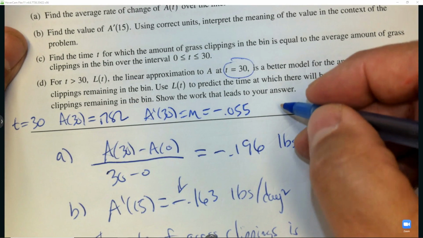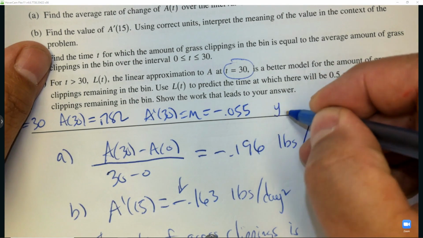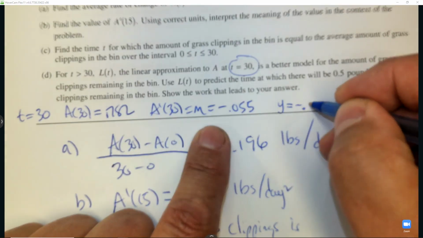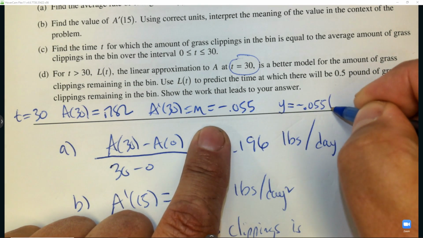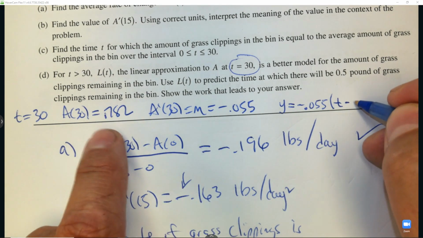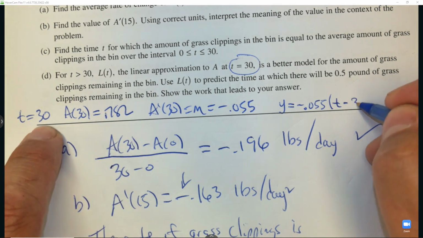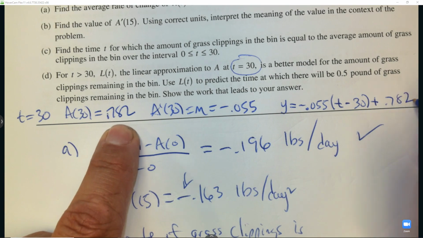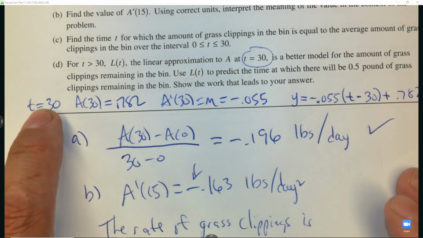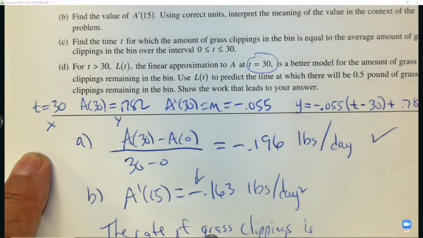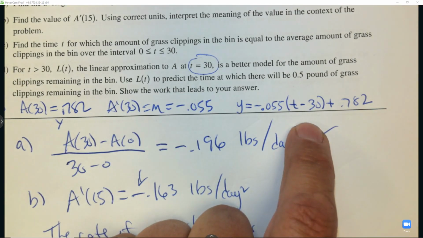And then what would the equation look like for that? The slope, negative 0.055, times t minus 30, plus 0.782. So think of this as your x-coordinate, your y-coordinate, and your slope. And create a line. There it is.